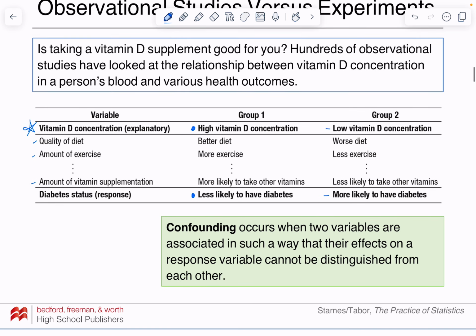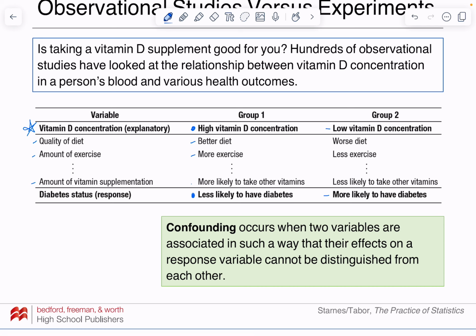However, there's these other variables, right? Like the fact that they have a better diet, they do more exercise, they take more vitamins. Those other variables that we're not really looking at are called confounding variables. Those are variables that might be influencing our response, and we don't want that.